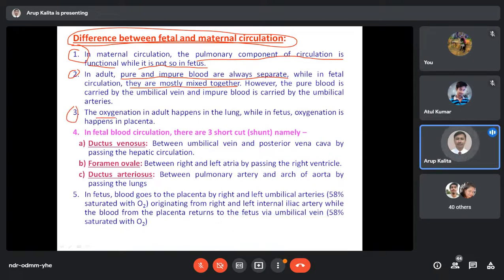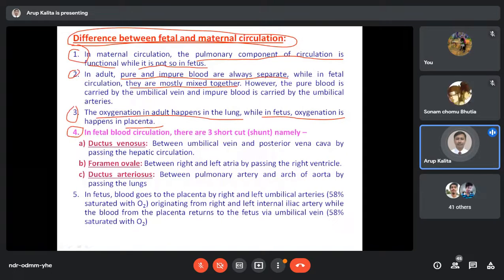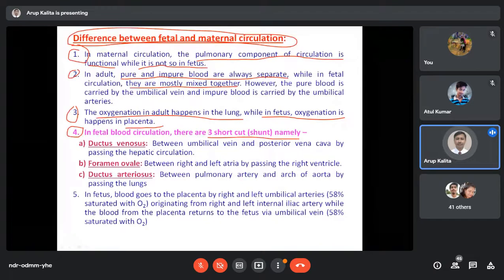Number 3, the oxygenation in the adult happens in lungs, but in fetus oxygenation happens in the placenta. So that is another difference. Number 4, in fetal circulation, 3 shortcuts are present. Namely ductus venosus, already I told you, between the umbilical vein and posterior vena cava, bypassing the hepatic circulation.